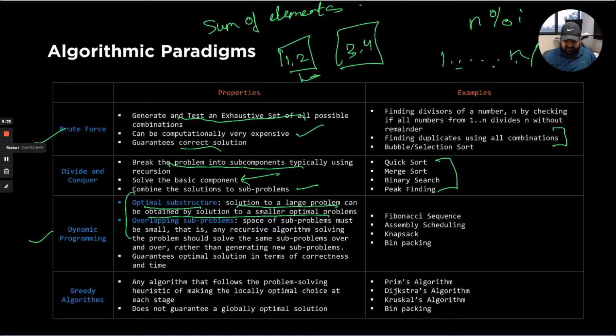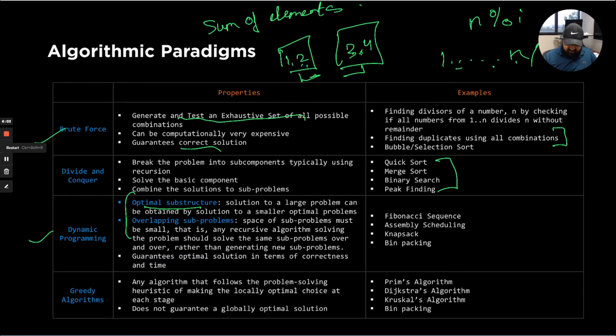If the global solution to a particular problem cannot be computed, or is not the actual global optimal solution, by solving the subproblems, then you cannot apply dynamic programming to that particular problem.